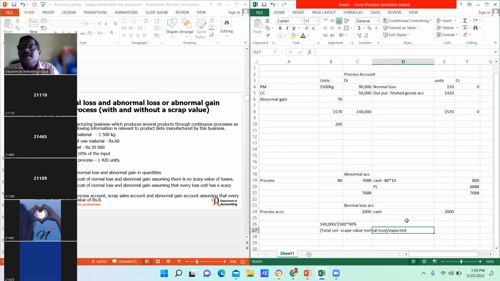So can you understand what I'm telling? So we apply the data to the normal basic formula. Total cost, scrap value is 0. And expected unit is, since you insert 1,500 kg, 90% expected. So what is the answer?